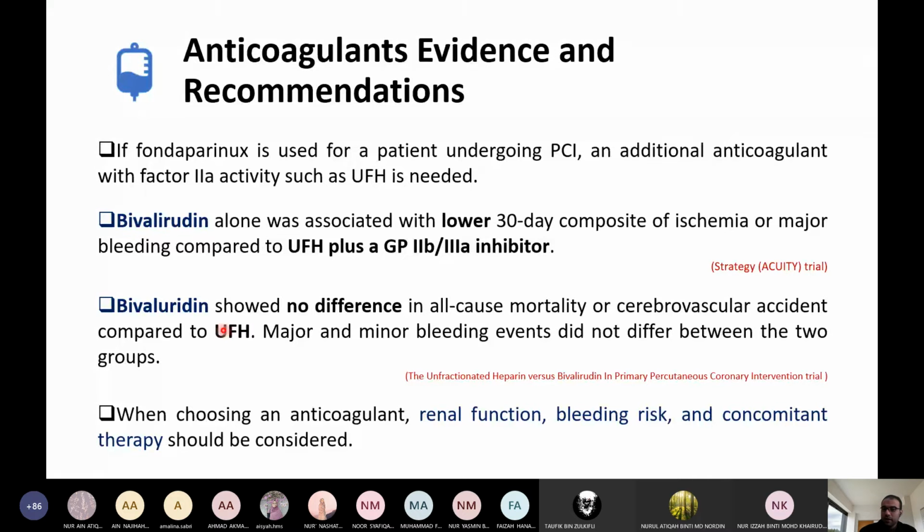Bivalirudin compared to unfractionated heparin, no difference. That's why we recommend either one of them. Usually, you choose either one of the anticoagulants based on the bleeding risk, based on concomitant therapy, based on renal function. Of course, in your clinical cases, you have so many examples of the anticoagulant choice based on the renal function.